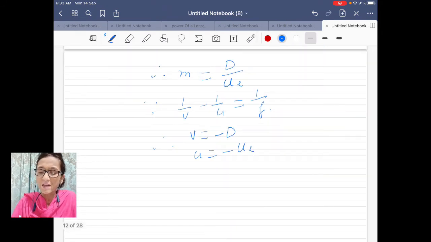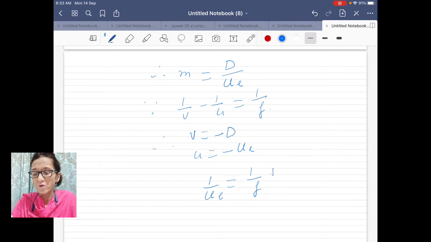Putting these values, we get 1 upon u with lens is equal to 1 upon f minus 1 upon d, and when it goes to the other side it becomes 1 upon d.